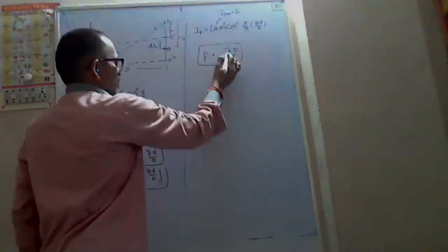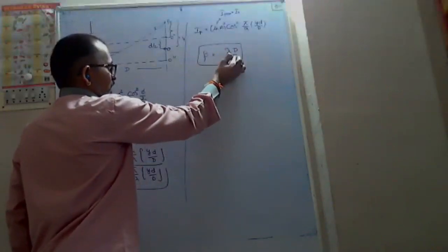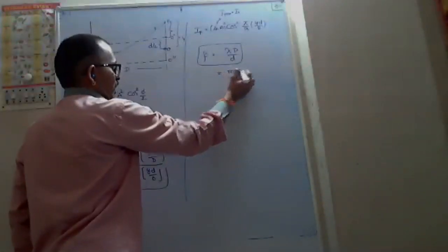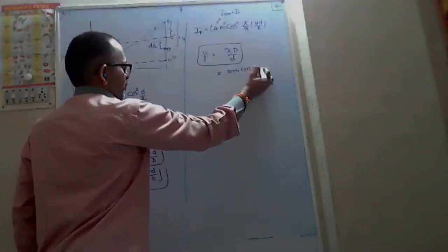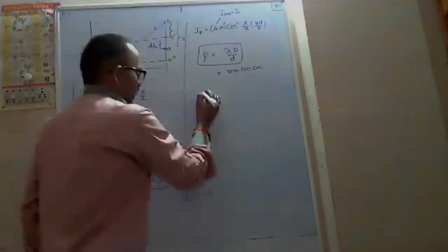By substituting the values of lambda, D, and d, generally you get this in millimeters or centimeters. Is the fringe width smaller or bigger? Smaller, sir. Very small. That's why he is asking.